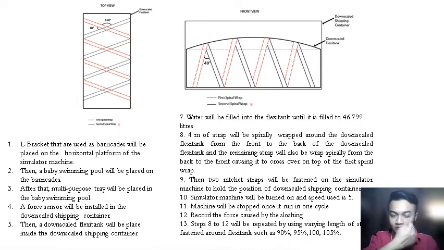So steps number 8 to 12 will be repeated using varying lengths of straps fastened around the FLEXITANK, such as 90%, 95%, 100%, and 105%.